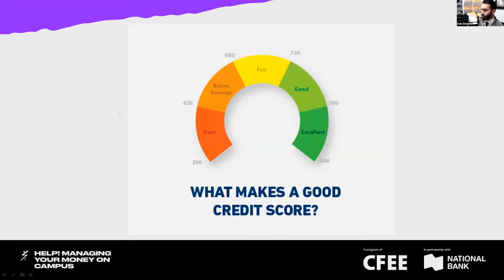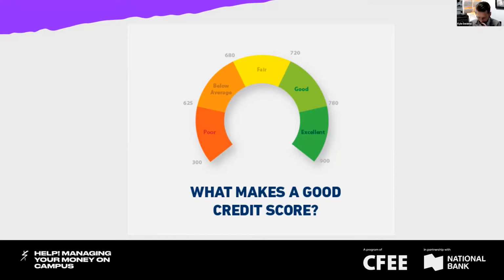Now, a big buzzword around credit, and something that we hear about a lot, is a credit score. When you use credit, you'll be building your credit score. It's very important to have some borrowing, so that if you want to borrow for a larger purchase, like a house or a car, your credit rating will be established, and not only established, but positive.